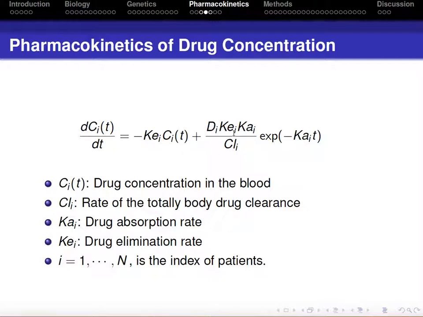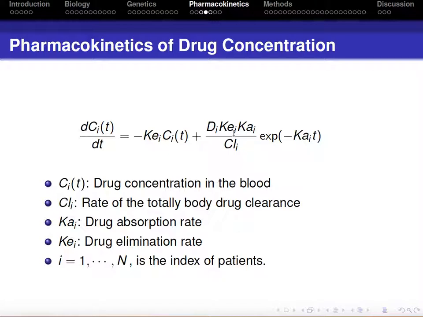In statistics, we call this a mixed effect model, right? Basically, we have a fixed effect, which is the values of these parameters at the population level, and we also have the random effects, which are the departures of these parameter values for each individual from the population level.